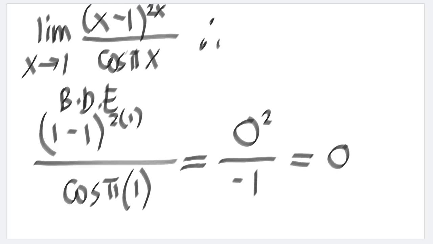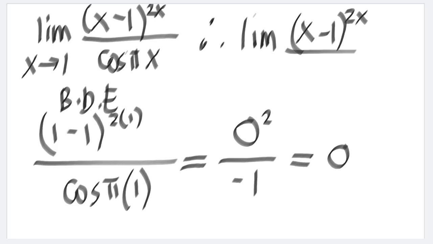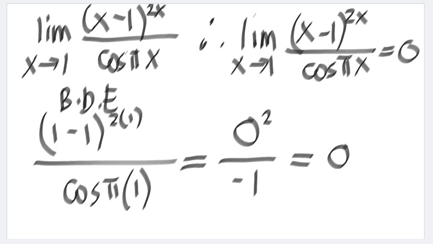Therefore, the limit of (x minus 1) raised to 2x over cosine pi x as x approaches 1 is equal to 0. That is your final answer.